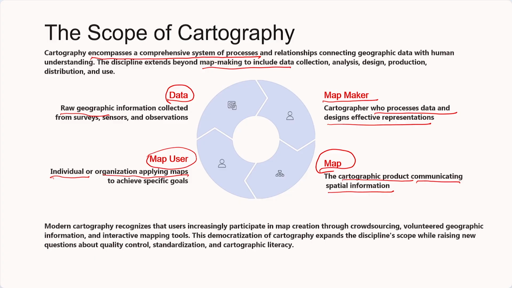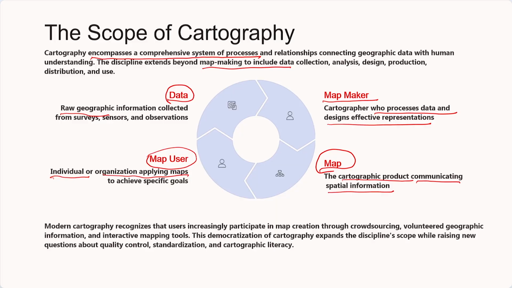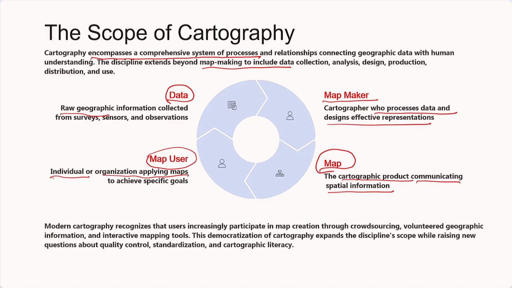The map user may be a district collector, or a disaster management team, they need a map. They want to see the location of a particular hazard, a particular disaster. When you have a disaster map, flood prone areas or landslide areas, the user will be able to see that, he will take the decision. The scope of cartography contains data, map maker, map and map user.